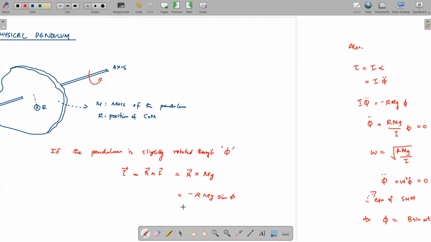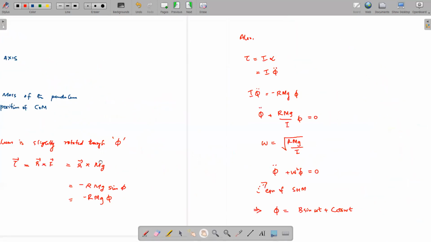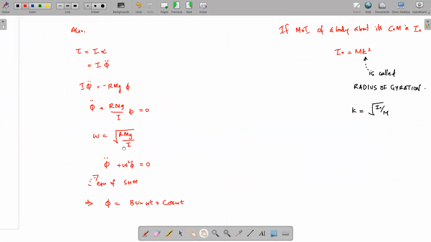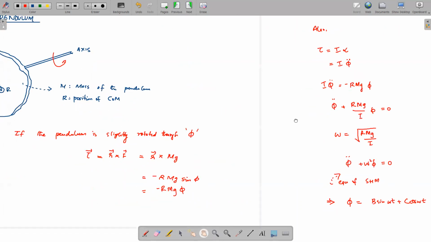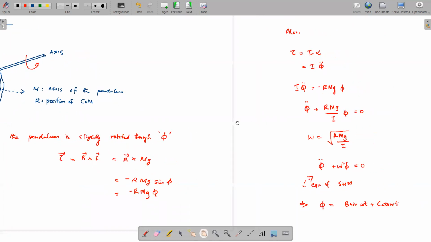Here also what we can do is this can be rewritten as minus R mg phi, since the angle is very, very small. Okay, and also we have another equation for torque, which is I alpha, right? So here we can keep I as I itself, and alpha is the double derivative of phi, the angular acceleration. So again, equating the values of torque, two values are given: one I alpha and another one is minus R mg phi, right?